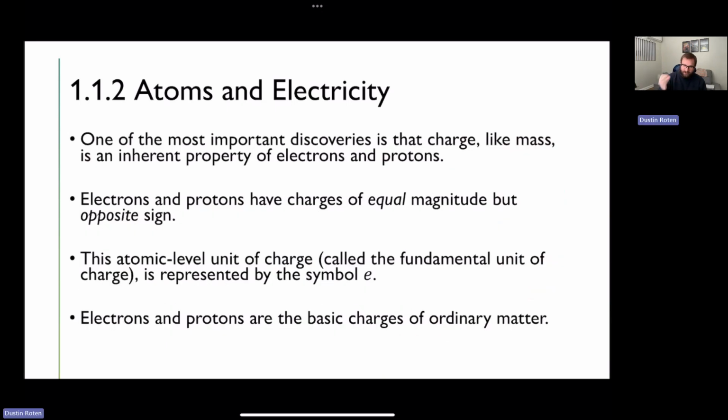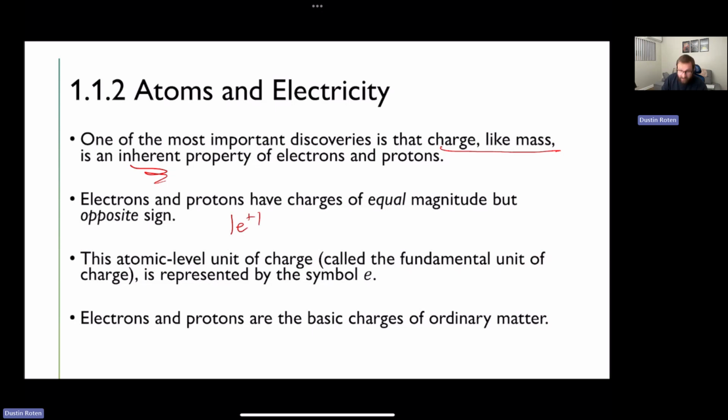One of the most important discoveries is that charge is kind of like mass in that it's an inherent, intrinsic property of electrons and protons. It's just something they have. So electrons and protons have equal magnitude, but opposite sign charge. We can write that mathematically.